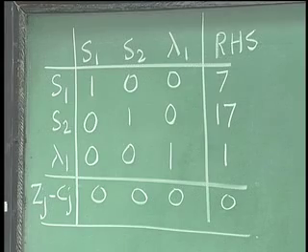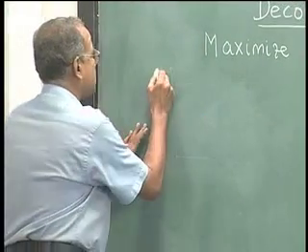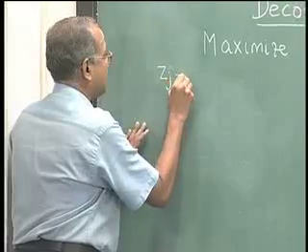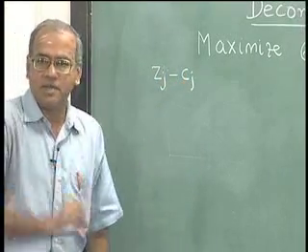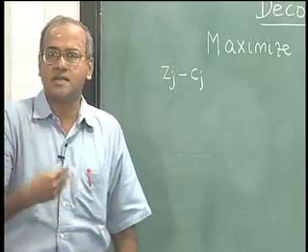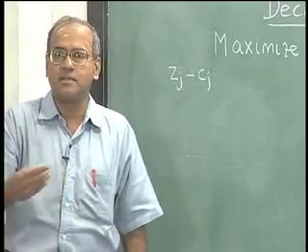Now how do we generate an entering corner point or an entering lambda? In order to enter, we need to make sure that Zj minus Cj, since it is a minimization problem, is positive.